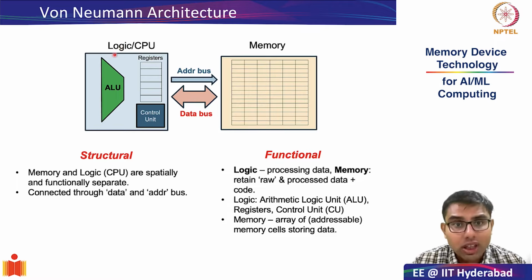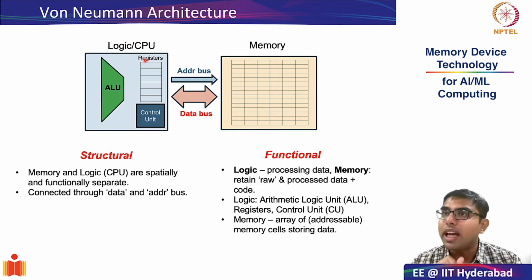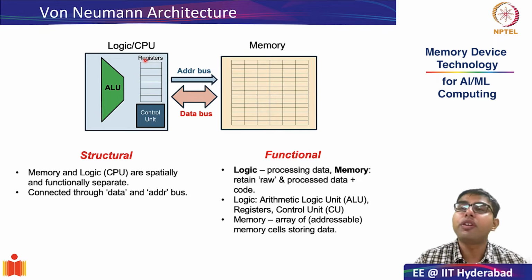Next, it will be worthwhile to take a deeper dive into the constituent functional elements in the logic and memory element. Let's first focus on the logic part. The logic part primarily consists of three important portions.